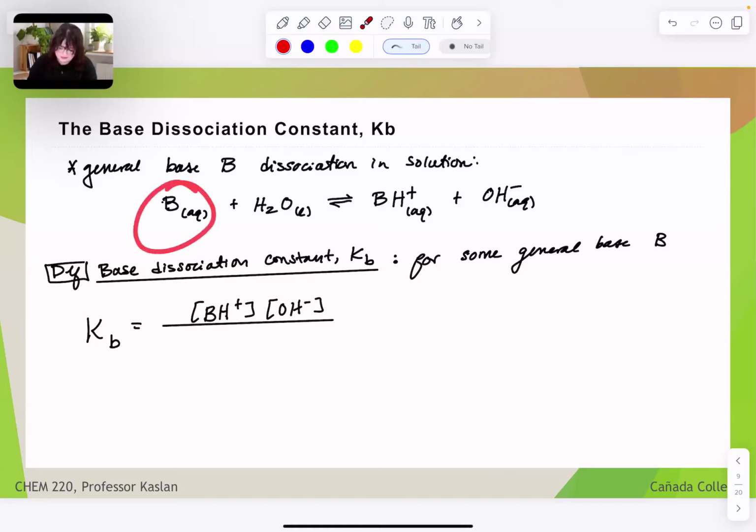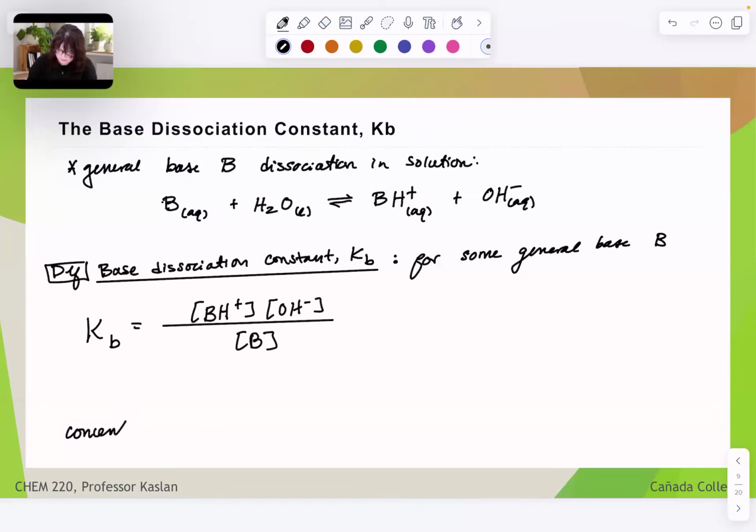In this case, this is our undissociated molecular base B. Again, all of these concentrations are the concentrations once we have achieved our dissociation equilibrium.